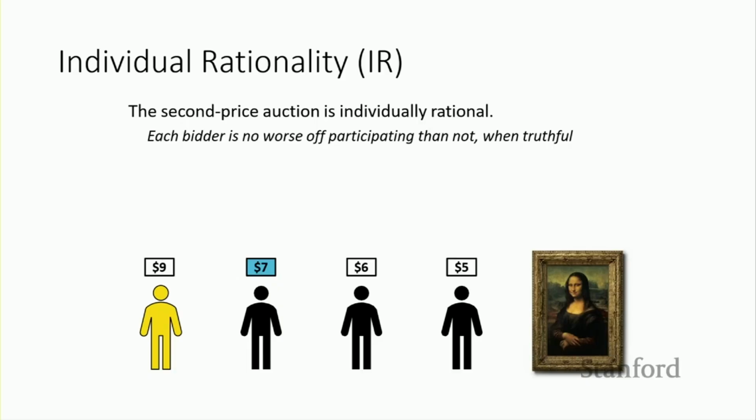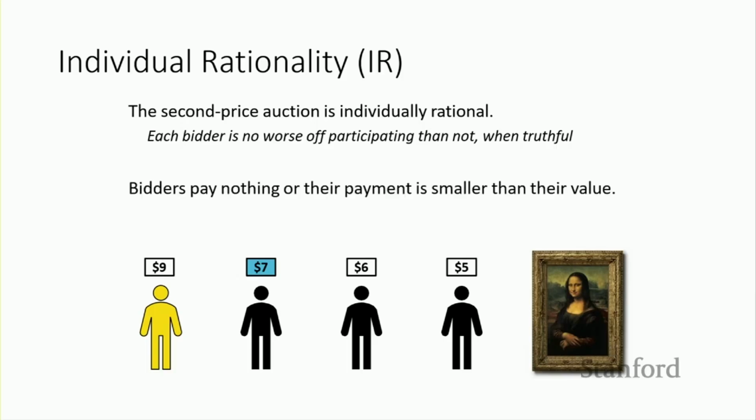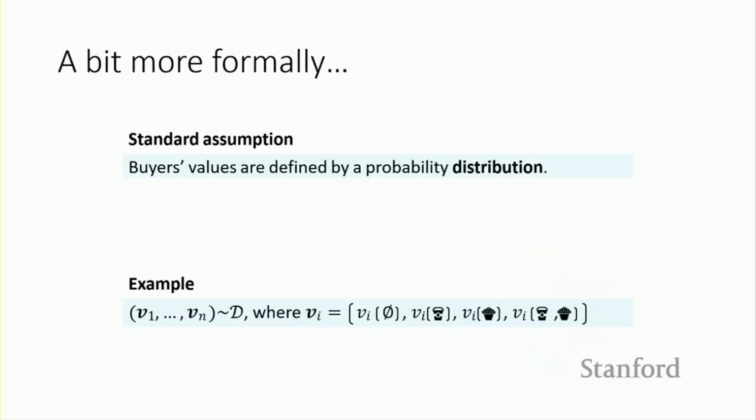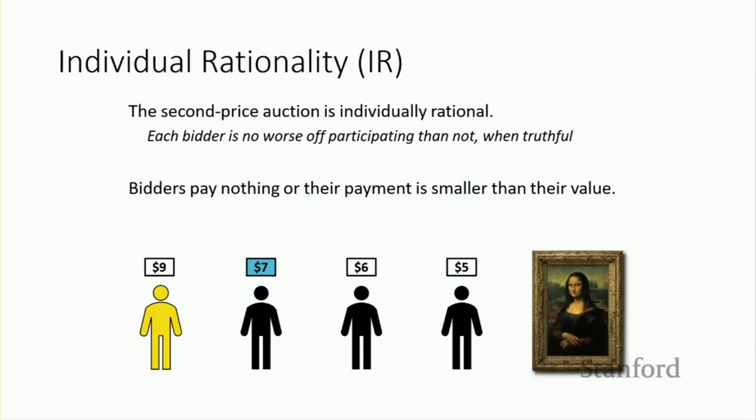The way to see this: bidders pay nothing, or their payment is smaller than the true value for the item given participating.